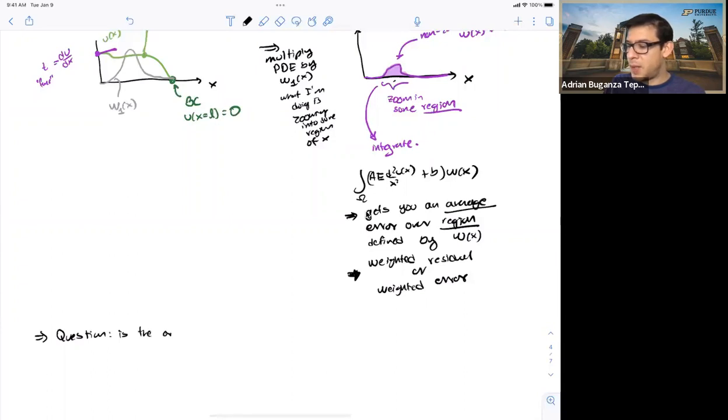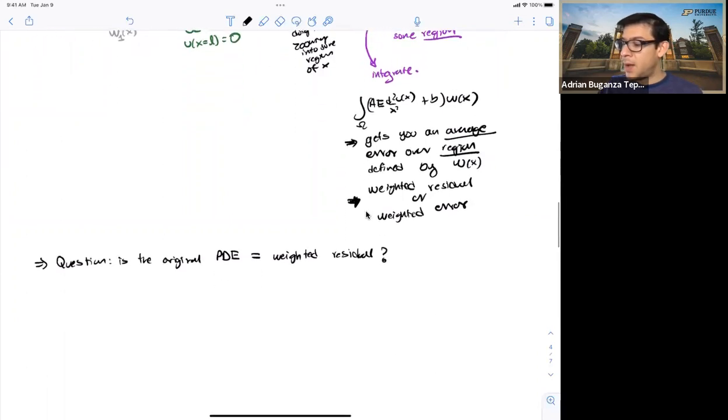Is the original PDE equal to this weighted residual? And the answer is yes, but if you pick many W's and you make them narrower and narrower.